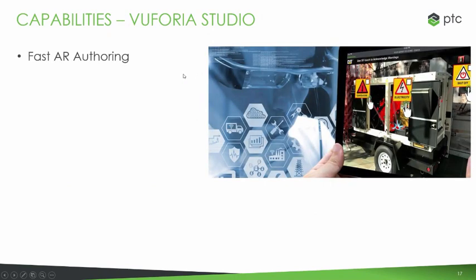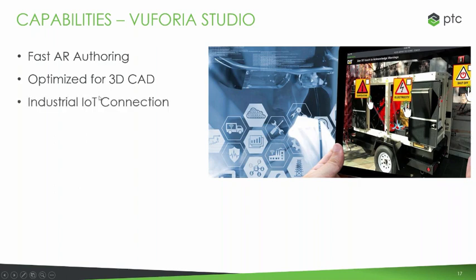So quickly, just going through the capabilities, you will have faster AR authoring with the drag and drop interface. You'll be able to reuse existing 3D models and animated sequences. Beyond that, you'll also be able to easily incorporate real-time sensor as well as business systems data.